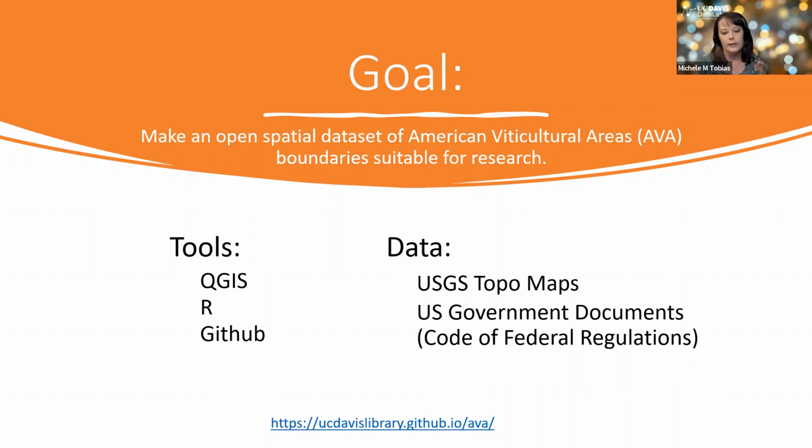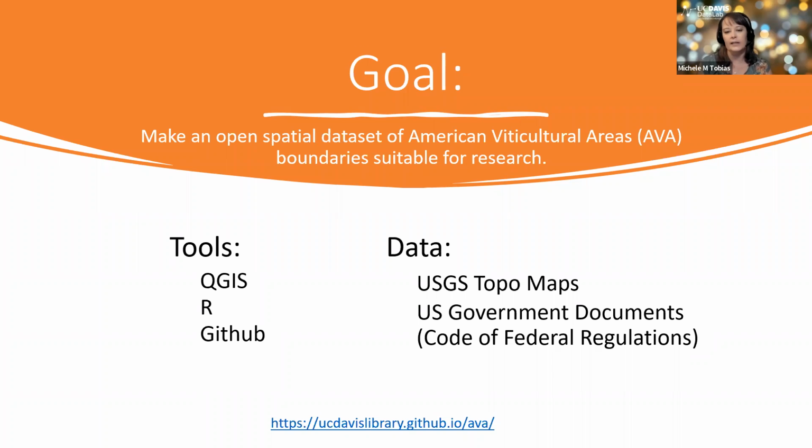So the tools we use in this project are all freely available. So we use QGIS, we use R. Mostly R is used for aggregating our files so that you don't have to download all 266 of them individually. You can get one file with all of them in it. And then we also use GitHub, and I'll talk a little bit about how we use those together in a little bit.